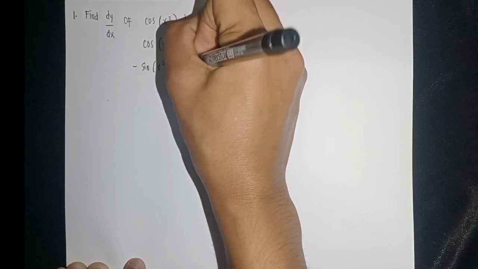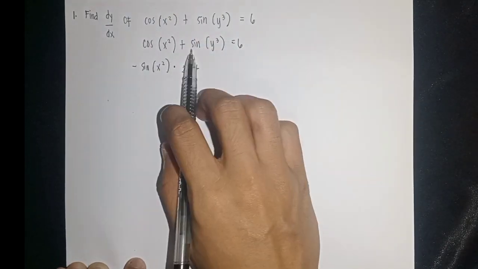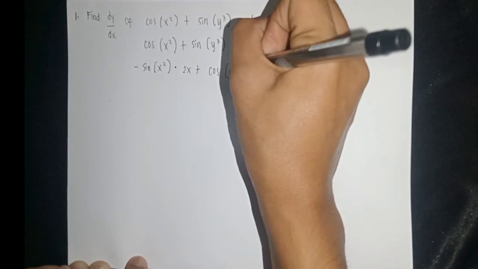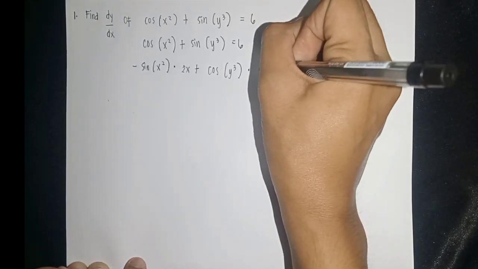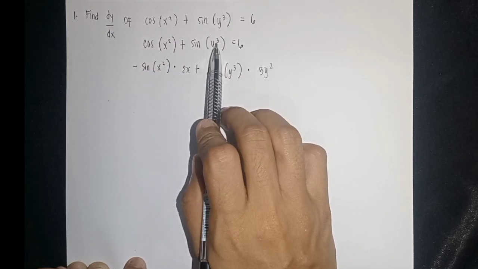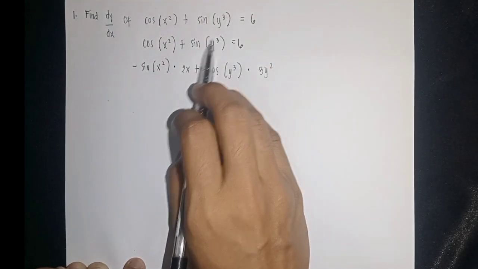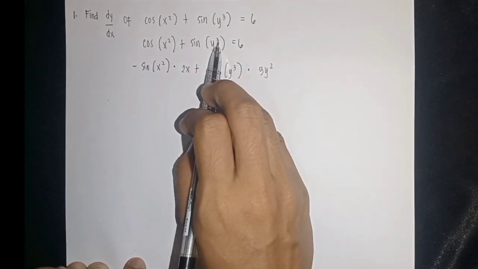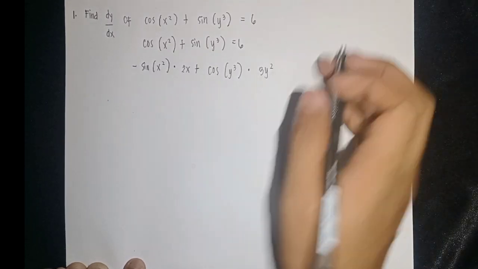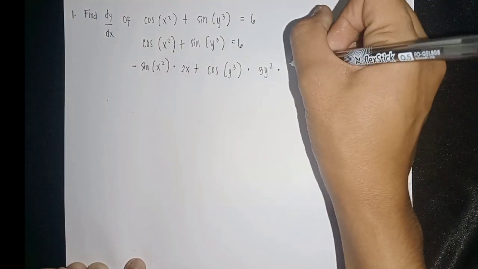So the derivative of cos is negative sine x squared times the derivative of the inside function, which is 2x, and then the derivative of sine is cos, copy the y cubed, then the derivative of the inside function, which is 3y squared. 3y squared comes from y cubed.